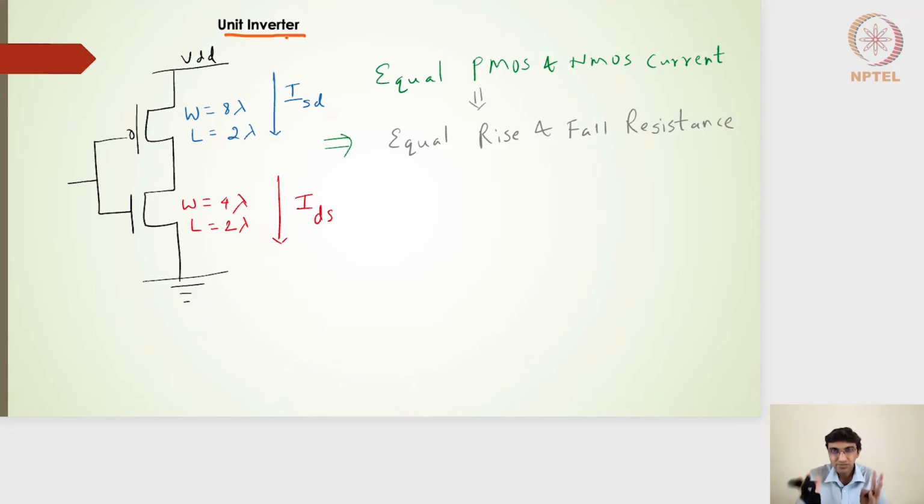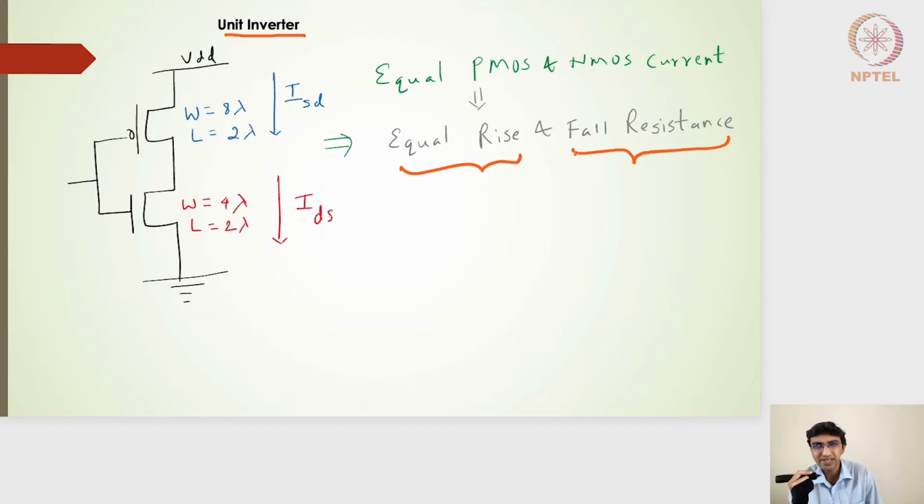So that's a very brief definition. What it really means is, can I have an inverter with the lowest possible sizes of the transistors of PMOS and NMOS with the equal rising resistance and the equal falling resistance, right?